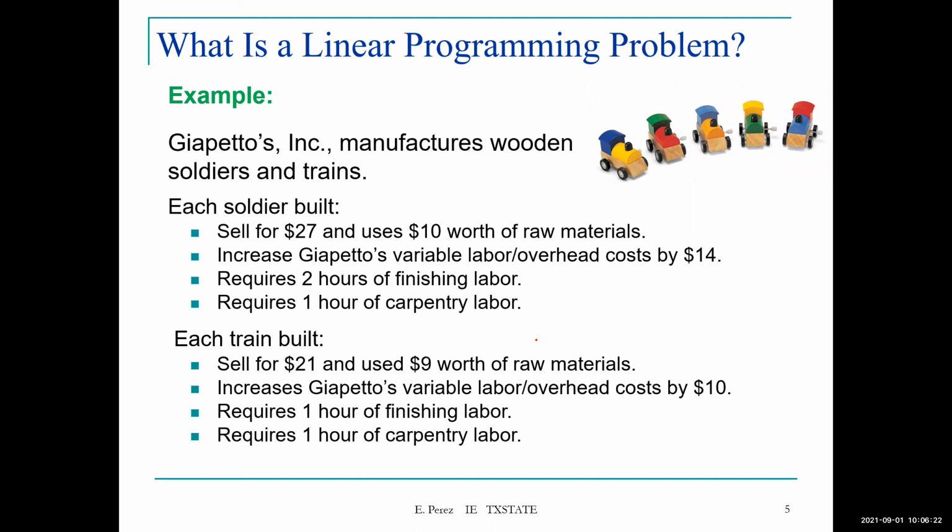That's not the case here. We are defining the labor cost in terms of the units that you're producing. So in summary, if we produce 1 unit of a train, that will increase your labor cost by $10, independently of whether it takes 2 hours or 3 hours. In this case, for 3 hours, the overall labor cost is increased by $14 for that product. Okay?